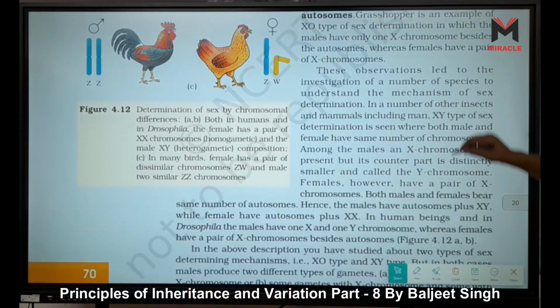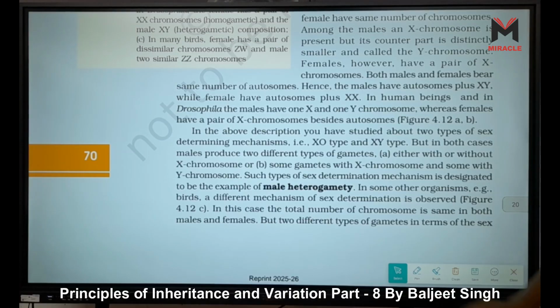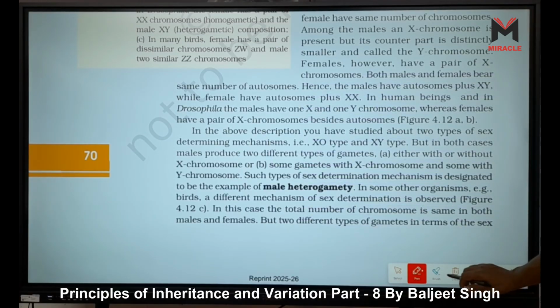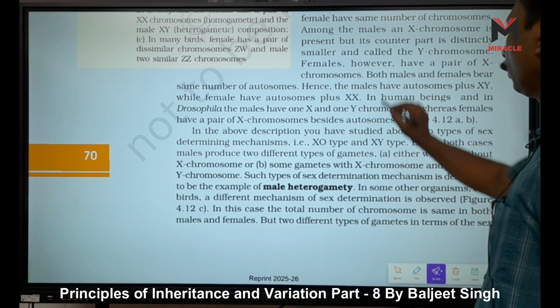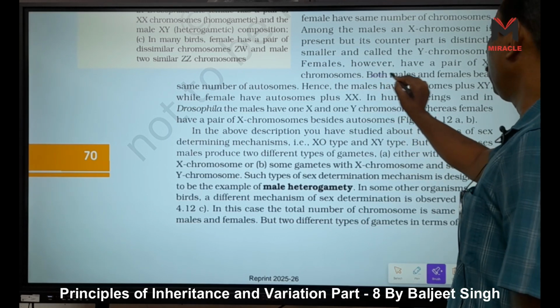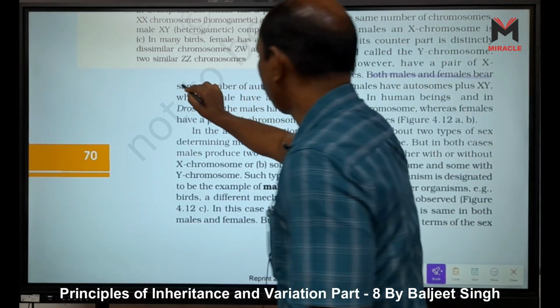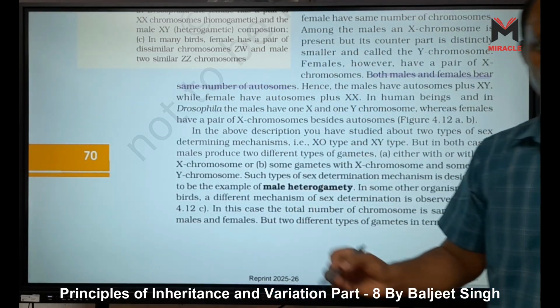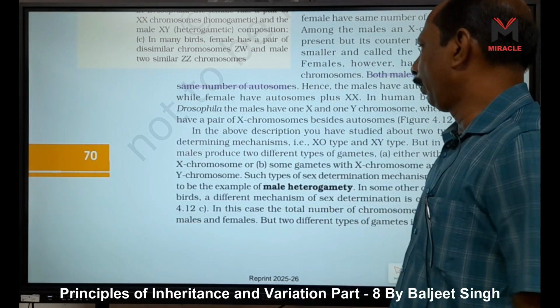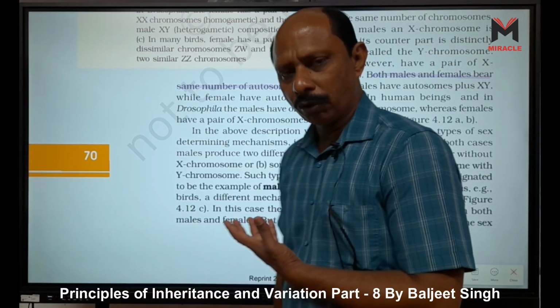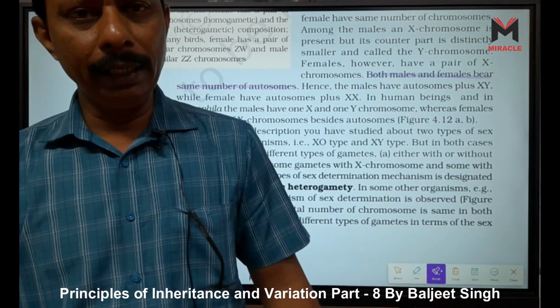Here, both males and females bear the same number of chromosomes, 46 in us, right? And Drosophila also has 8 chromosomes in both.